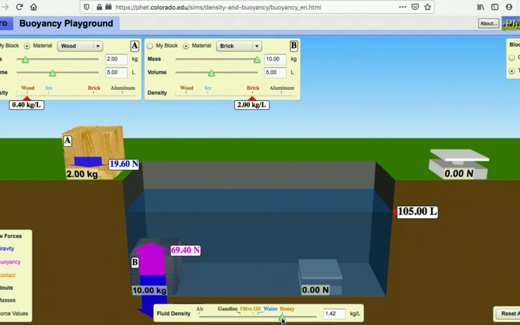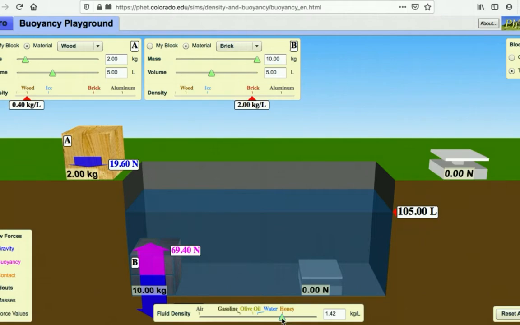If we think about it, honey is more dense than water, and that means that if you have an equal amount of honey as compared to water, and we do, because we've displaced 5 liters of water, and when we change it to honey, we've displaced 5 liters of honey. The buoyancy force is equal to the weight of the fluid that's displaced.